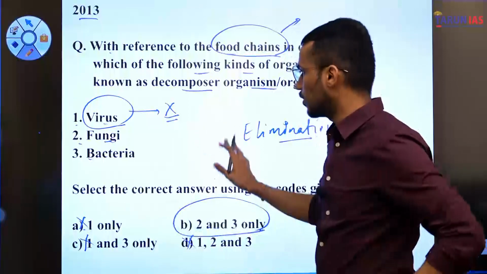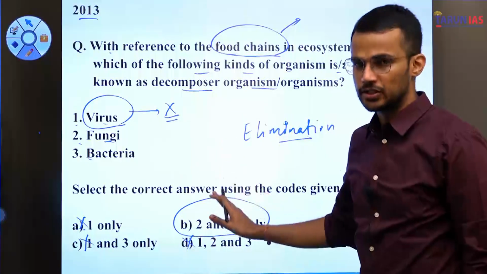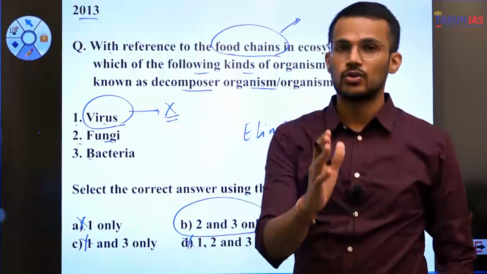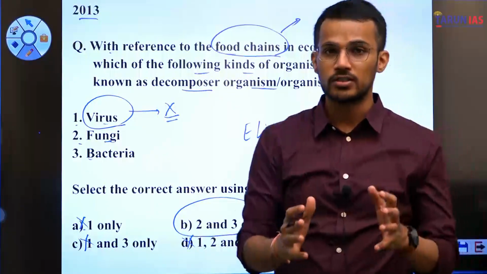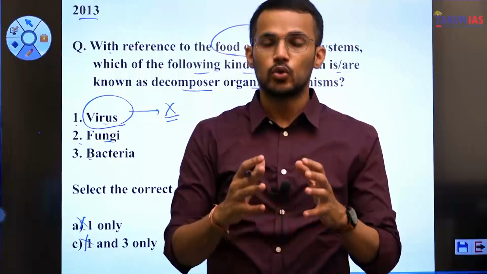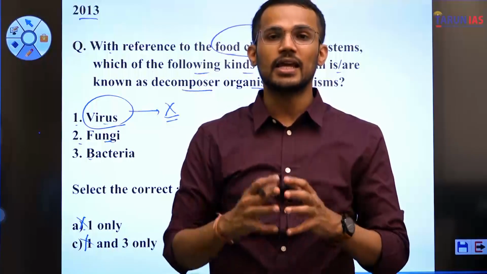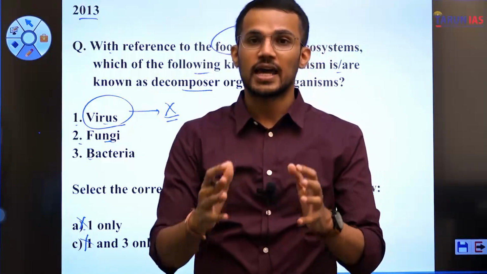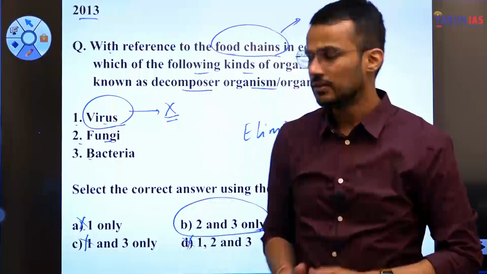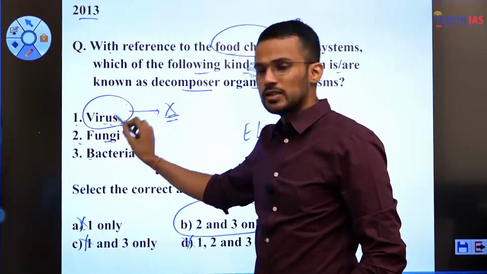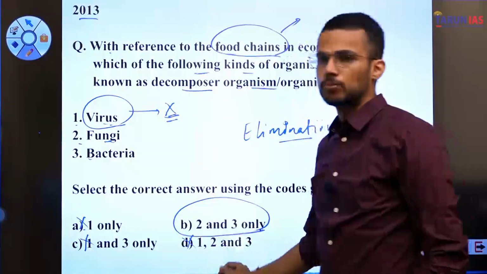So in this case, what we have done, we have used elimination. So we know that viruses for sure are not decomposers, because virus will need a host body to hijack the cell mechanism of that host so that virus can replicate. Fine. So first you have to remove first statement from all the options.